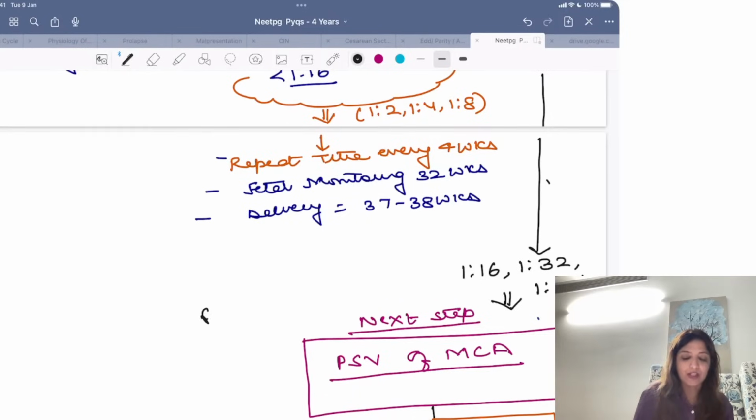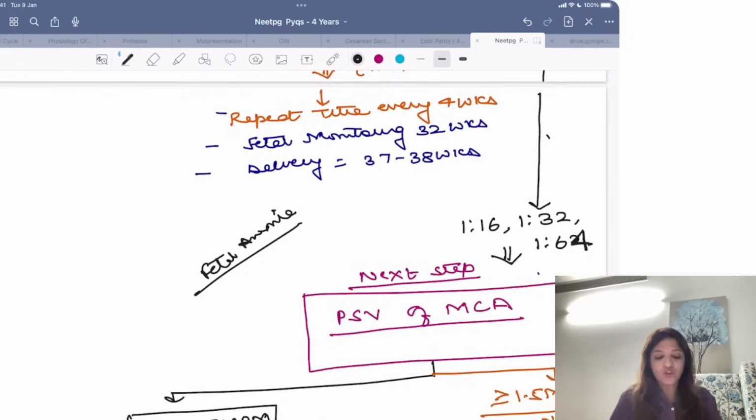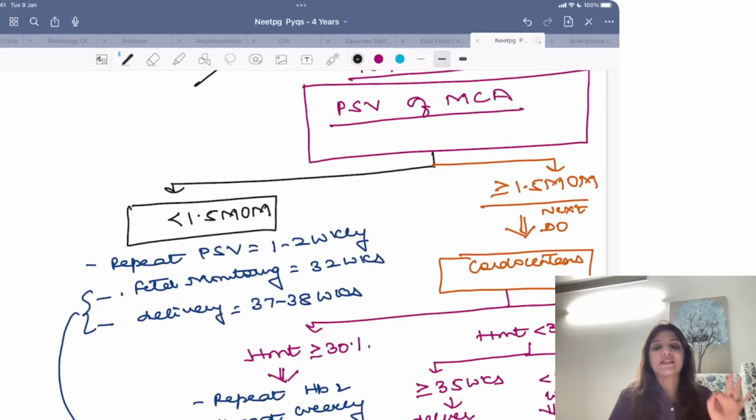Whenever we have to detect fetal anemia, we go for peak systolic velocity of middle cerebral artery. If peak systolic velocity is less than 1.5 MoM, that means there is not much fetal anemia. In that case, keep on repeating peak systolic velocity after every 1 to 2 weeks. Do fetal monitoring at 32 weeks and deliver the baby between 37 to 38 weeks.